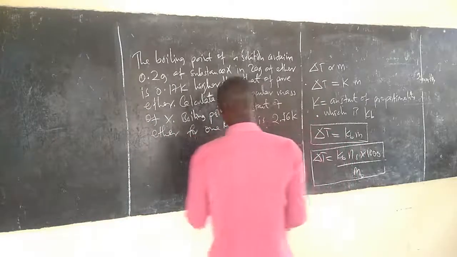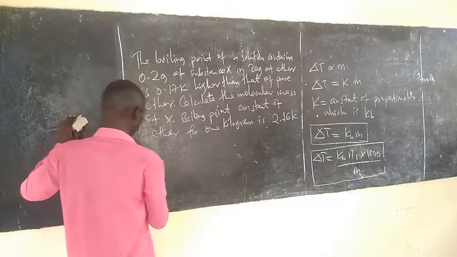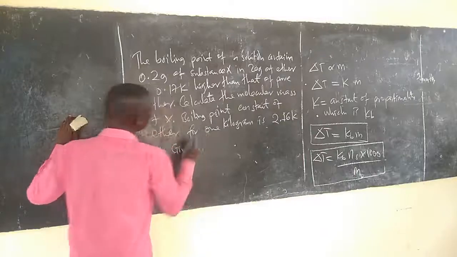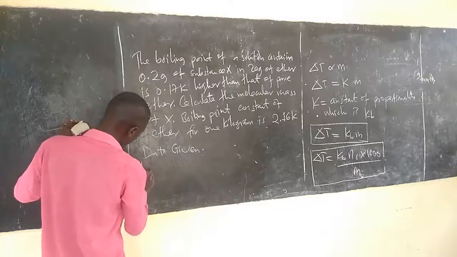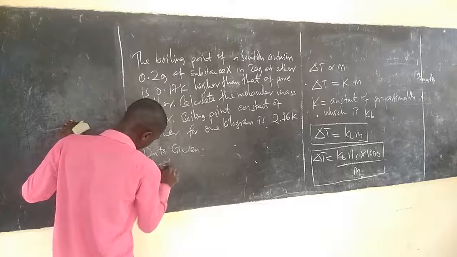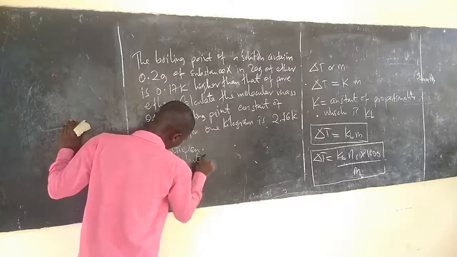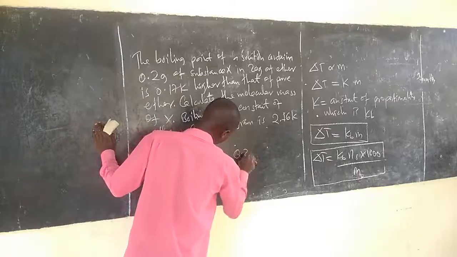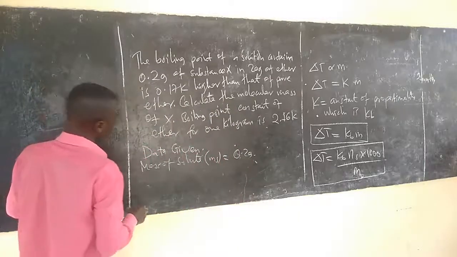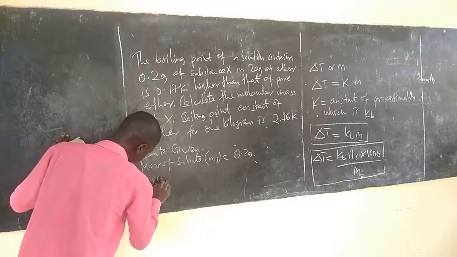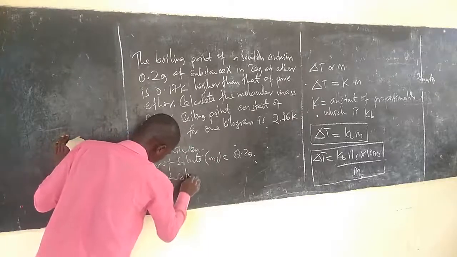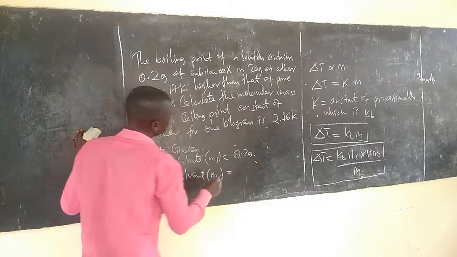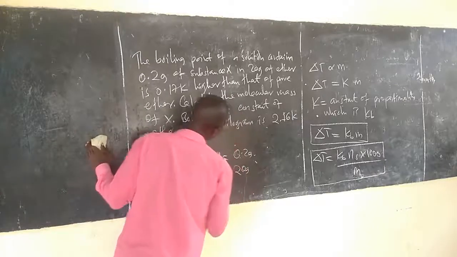Here we already have the data. So the data given: we are given the mass of solute, MS, equal to 0.2 gram. We are given the mass of solvent, MV, equal to 20 grams.